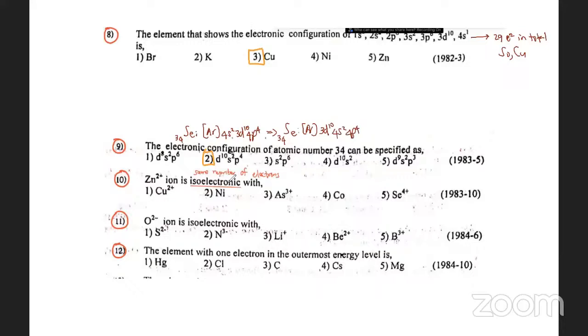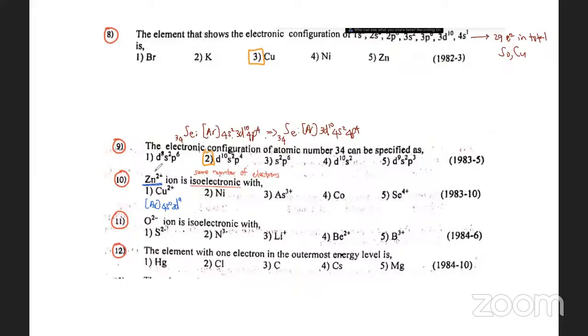Zinc 2 plus ion is isoelectronic with same number. Okay, cool. Zinc 2 plus will be isoelectronic with who, people? Copper 2 plus? No. I'll just write the electronic configuration of each of those ions. The copper 2 plus's electronic configuration goes like this. Argon 4s0 3d9.